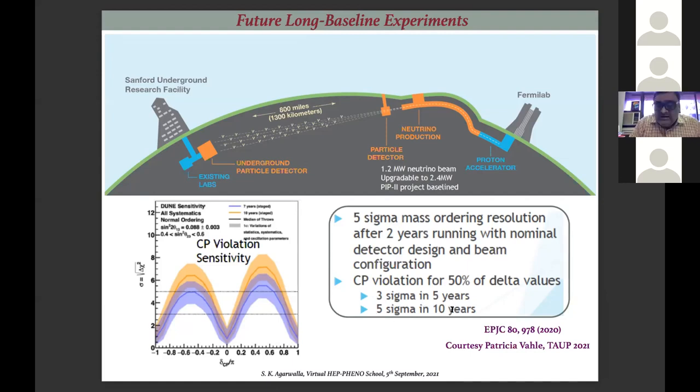If we are lucky and delta CP really turns out to be around minus 90 degrees, then the job for this experiment will be easier, and they will establish CP violation at more than 5 sigma with just 3 or 4 or 5 years of data taking. So we have a very good opportunity lying ahead to see CP violation. And since you have 1300 kilometers, you can measure the mass ordering in less than 2 years at 5 sigma confidence.